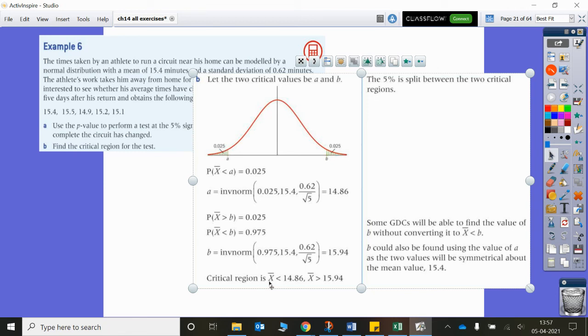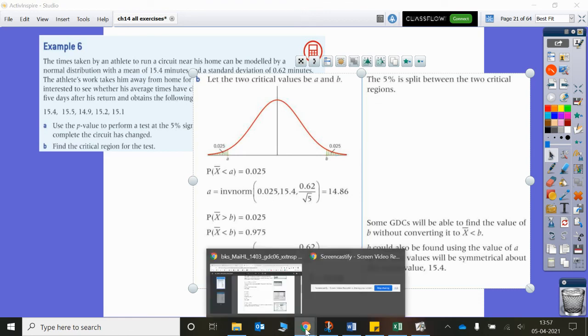So critical region is X bar is less than this or X bar is greater than this for us to accept the alternative hypothesis. In our case, it was 15.22. So we were clearly within the acceptance region of the null hypothesis, or in other words, the non-rejection of the null hypothesis.